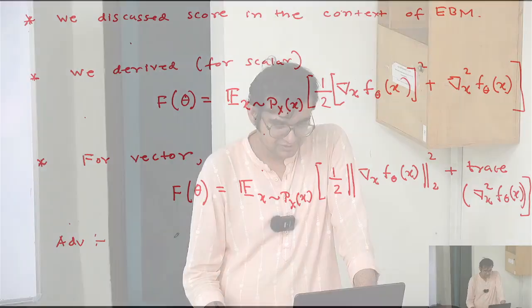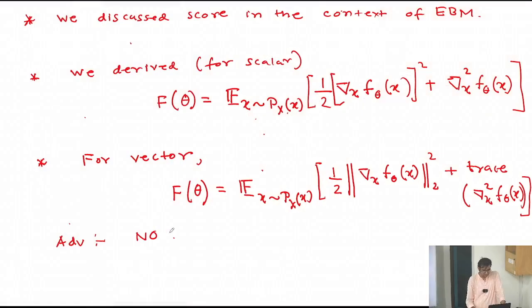What is the disadvantage? Correct? So advantage is no sampling. Disadvantage is Hessian.